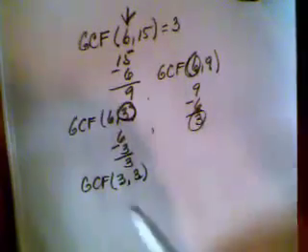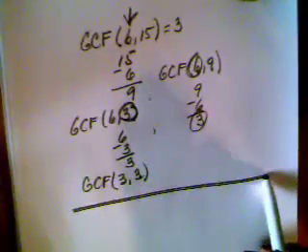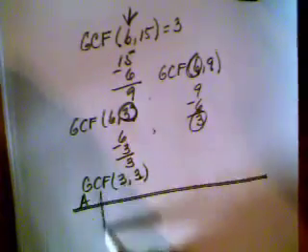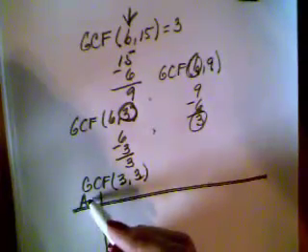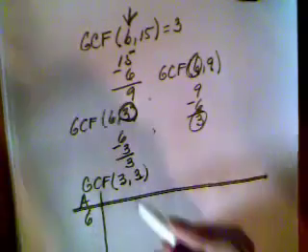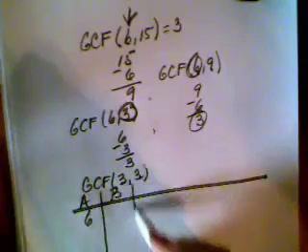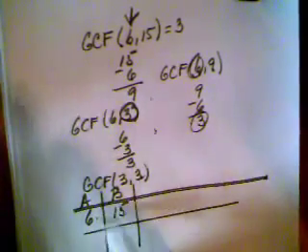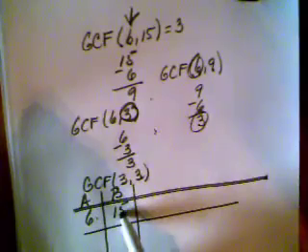Now, I want us to create a table, and in the table, I have the number 6 and the number 15 that we're trying to find the greatest common factor of.